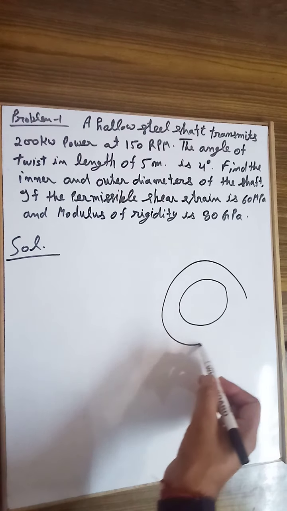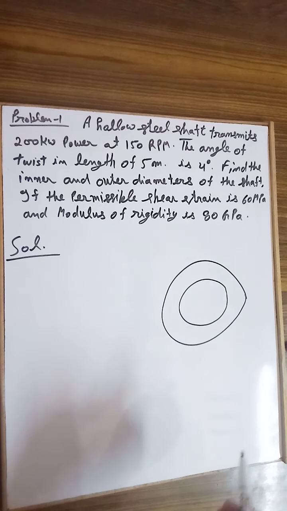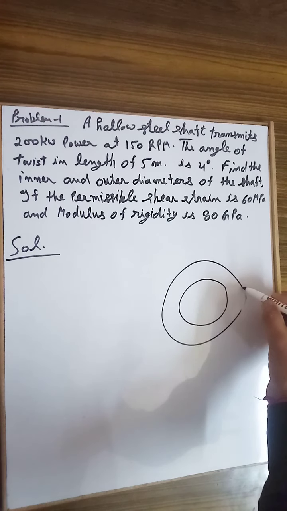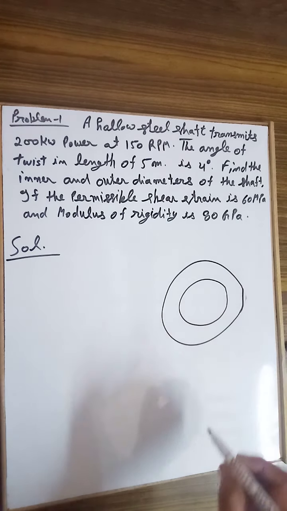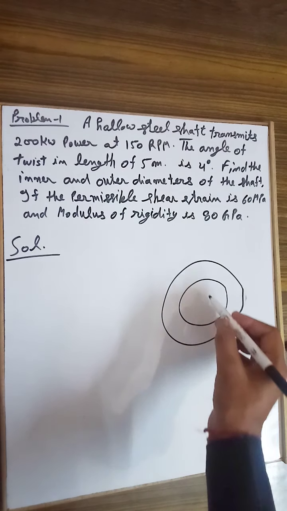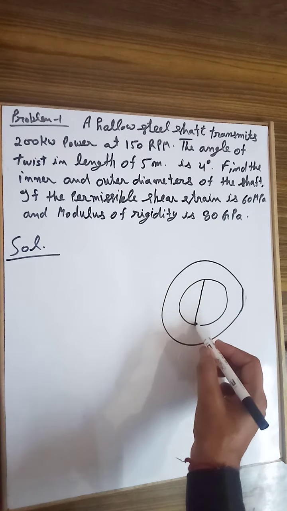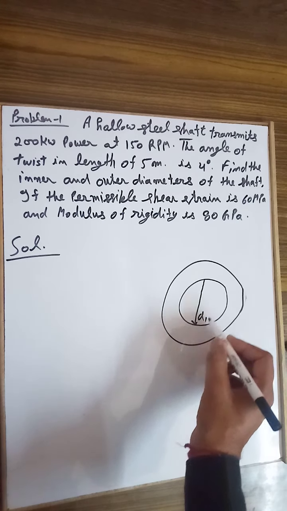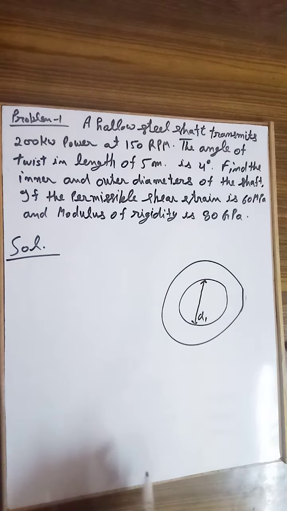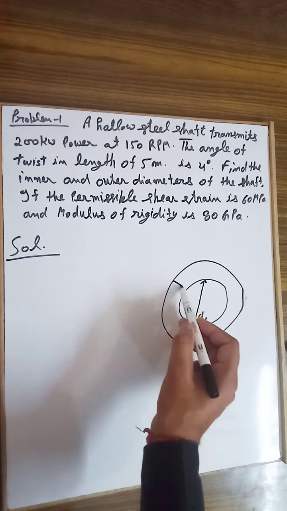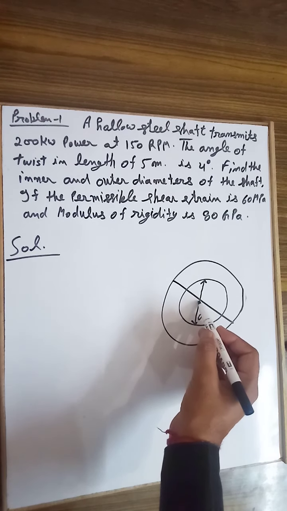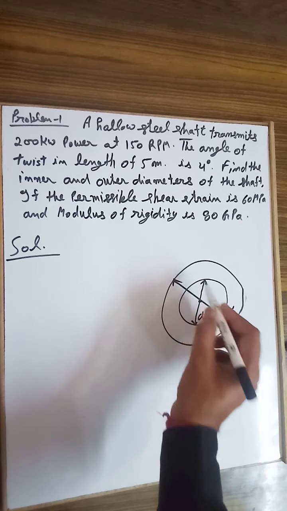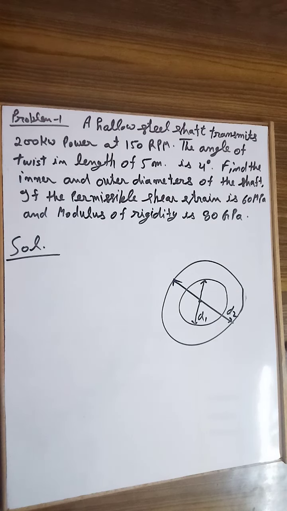If this is the hollow circular shaft, we may consider it as a circular shaft, although it is not exactly circular. But we are considering that this is the inner diameter. If we represent this inner diameter by d1, and the outer diameter, if this is our center point, so this is d2. So this we need to find out.